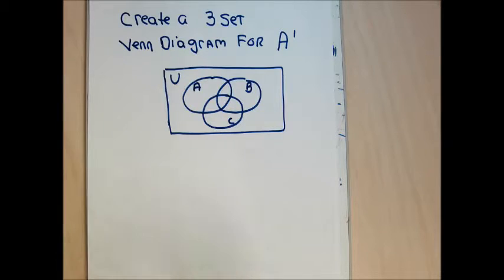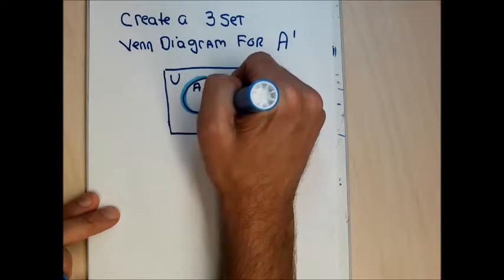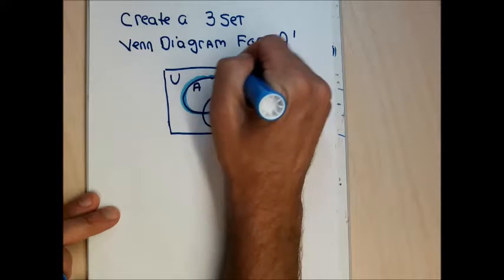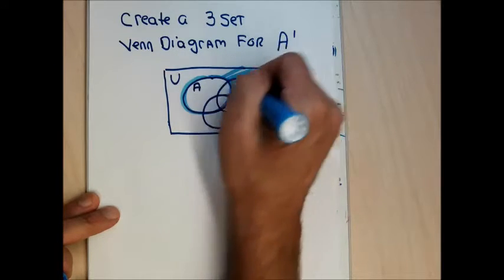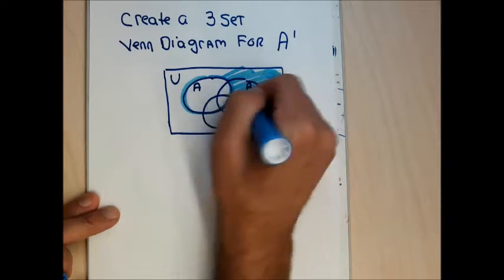So to draw A complement, I'm going to draw a ring around the set A, because I don't want to shade inside that. And I'm going to shade everything outside that ring, but inside the rectangle.